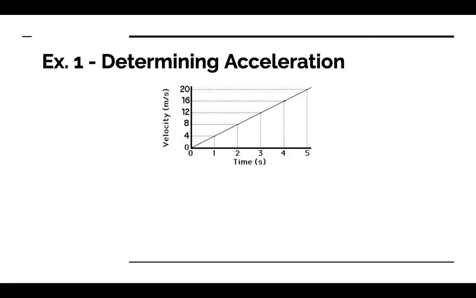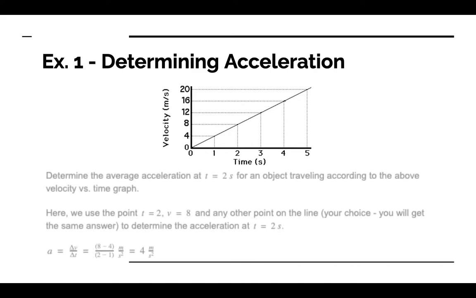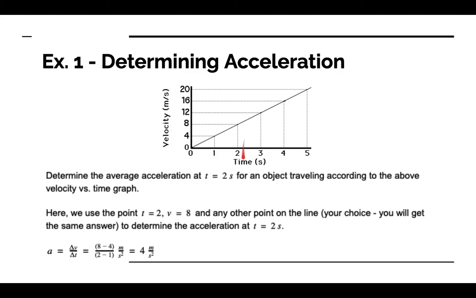So let's look at an example here. Determining acceleration: let's say we want to determine the acceleration at 2 seconds for an object traveling according to the above velocity versus time graph. We calculate the slope of the line segment containing t equals 2. We can use t equals 2 and the velocity v equals 8 at 2 seconds, and then any other point on the line segment to calculate the slope and thus the acceleration at t equals 2 seconds.